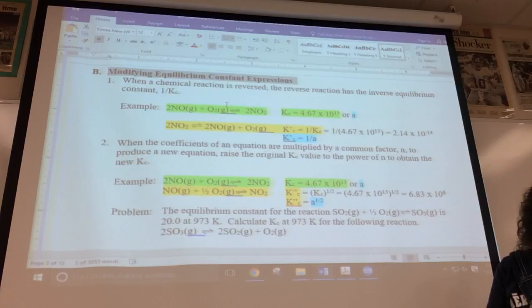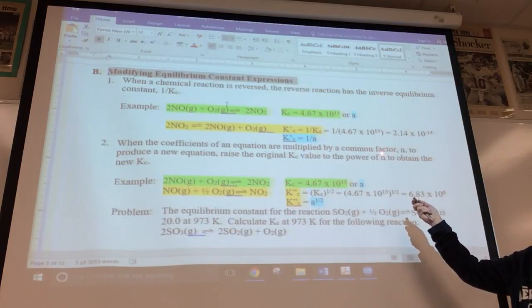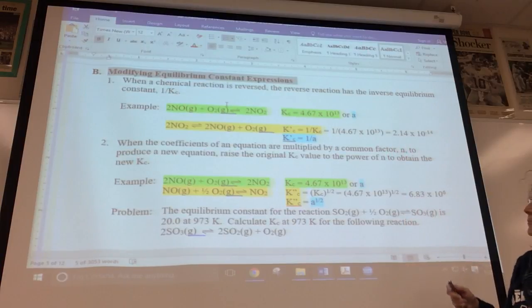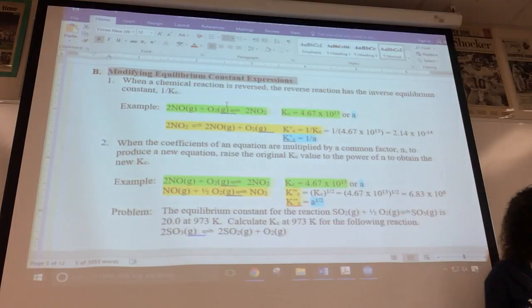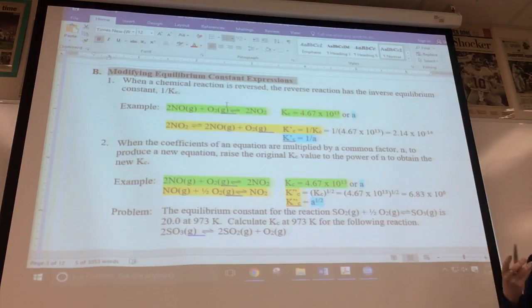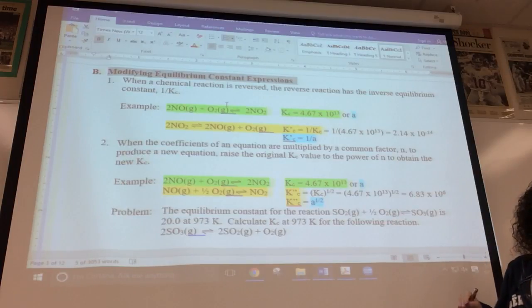Okay. When the coefficients in an equation are multiplied by a common factor n, and be careful here, for simplicity, n is going to be a number like 2, 3, 4, etc. I don't really see it being a fraction because that would really get complicated as an exponent.